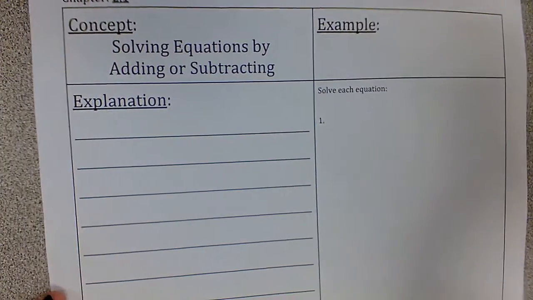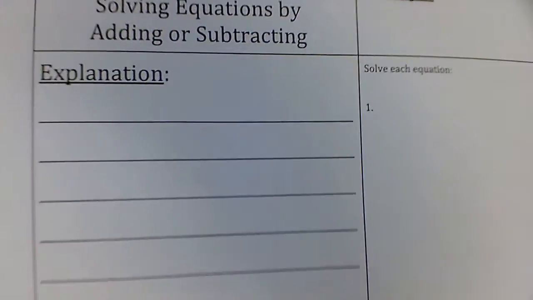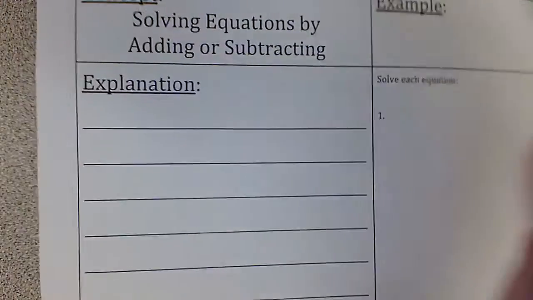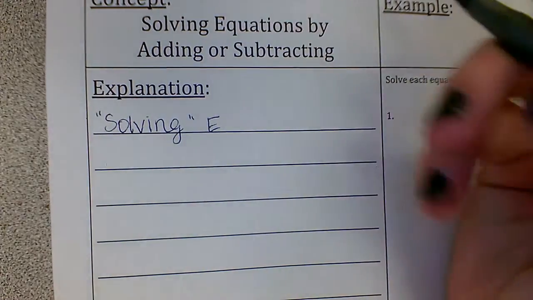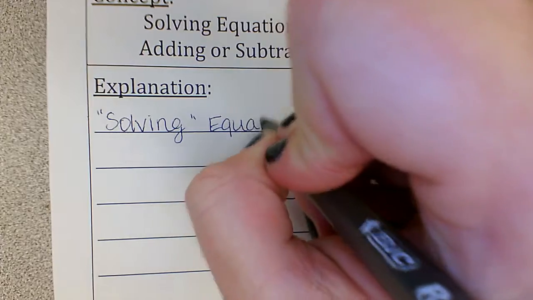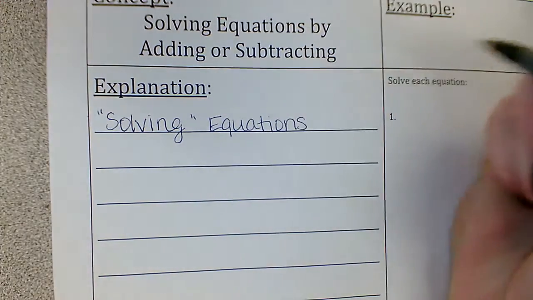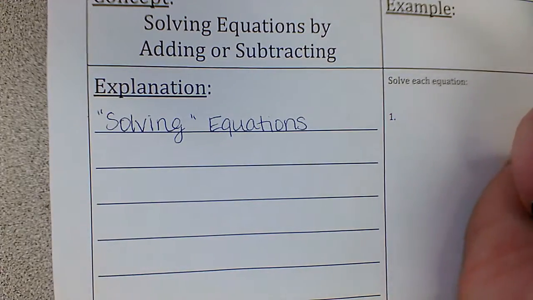The biggest thing to remember is that, like I said, we're going to be seeing solving equations a lot. So anytime it asks you to solve something, we always have one goal in mind.